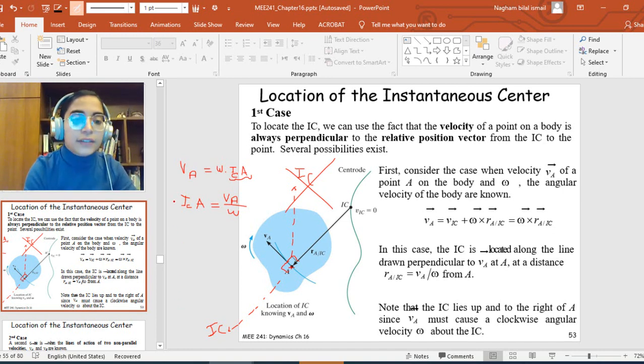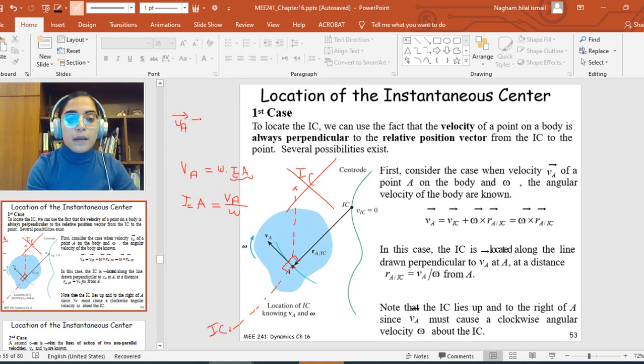Because don't forget the first rule: VA in vector form is equal to VIC, which is 0, plus omega cross the position of A with respect to IC.